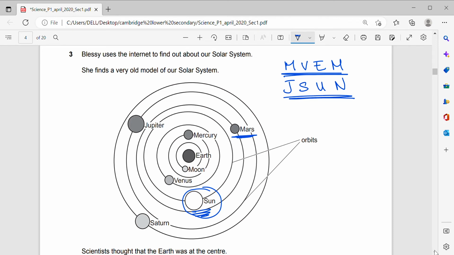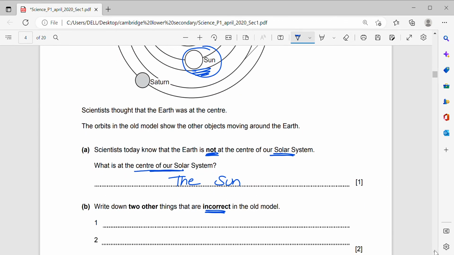The sun doesn't move and the planets do not move around the Earth. يبقى نختار أي اتنين من دول ونكتبهم. We can write the sun doesn't move. We can write the order of planets is not correct.